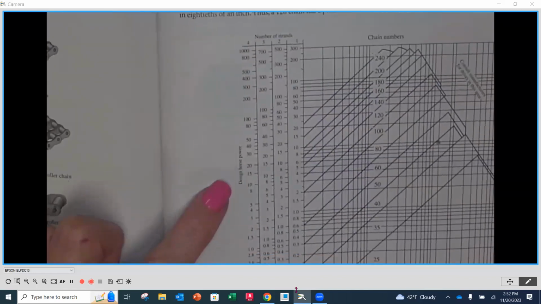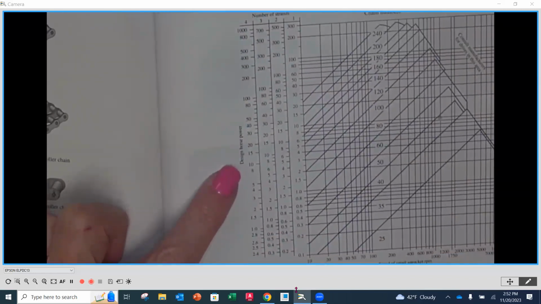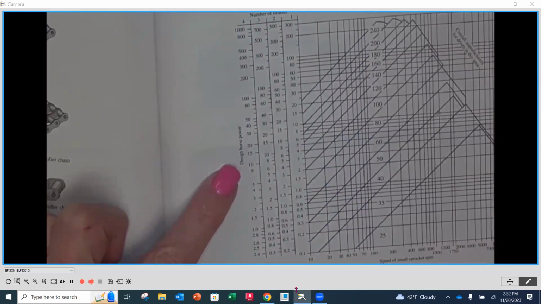The other thing that they're not doing here, I will tell you, when we get into machine design and we do chain drives, they're calling this design horsepower. We're only going off of the horsepower coming off of our engine. There's more to design horsepower than this.